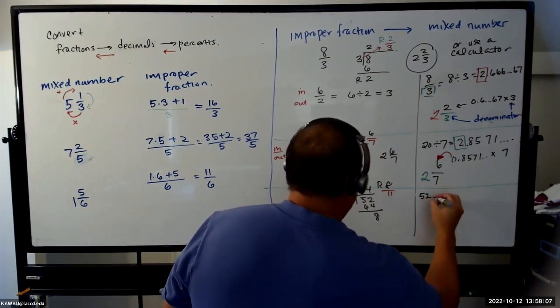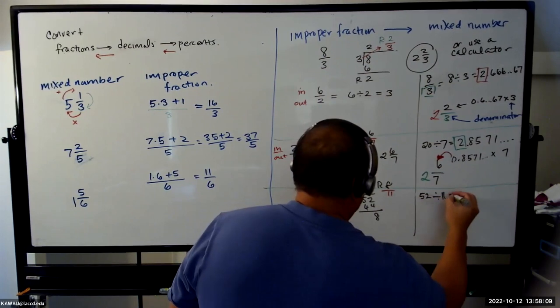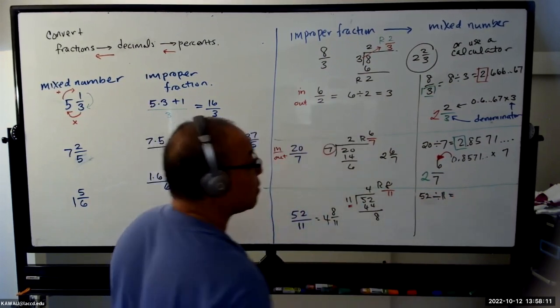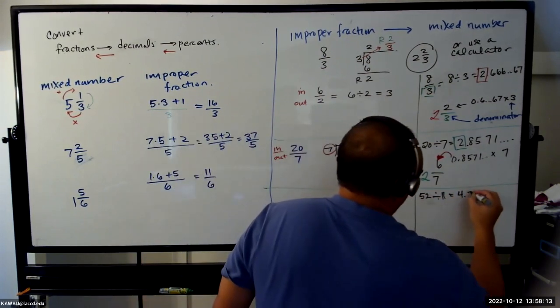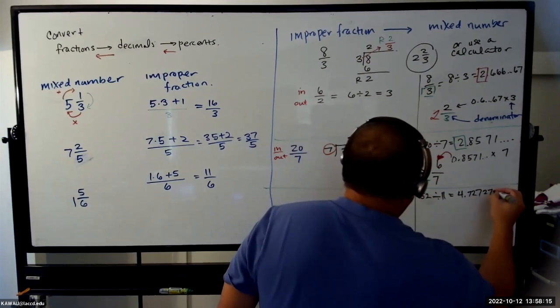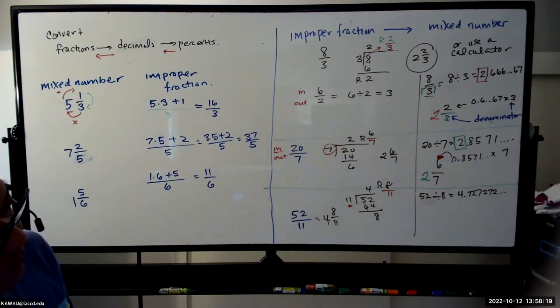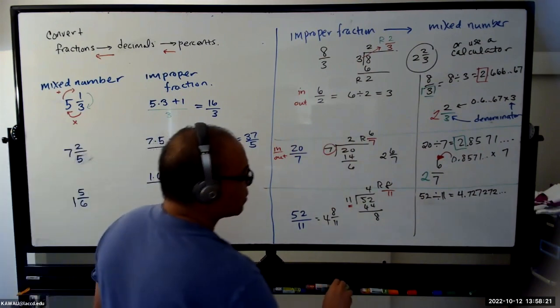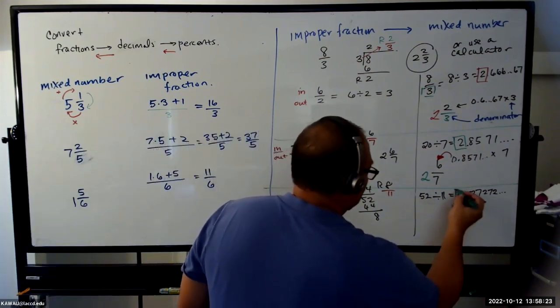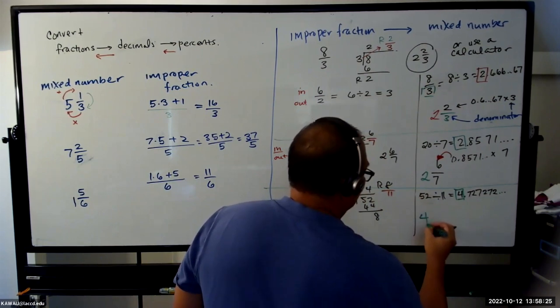Or what I can do is 52 divided by 11. That gives me 4.727272, it just continues to repeat itself. So this 4 is my whole number part.